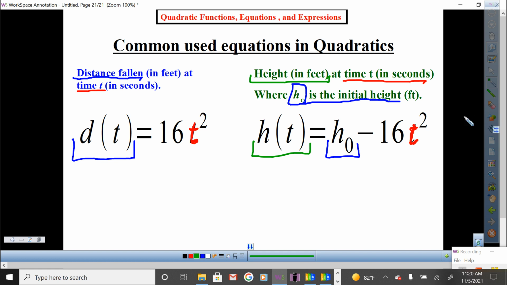32 point something. But how many forces were working? Two. One towards the center and one away from the center. Which means what? If we only want to figure out an object falling, that means we only compensate for what? One force.